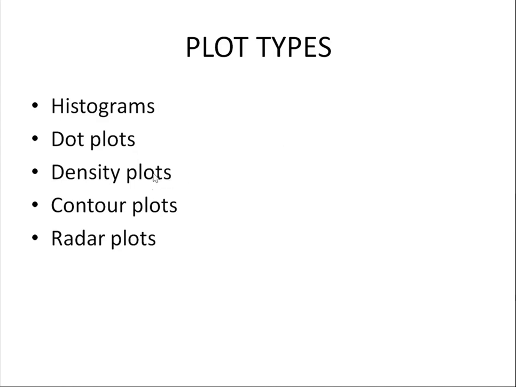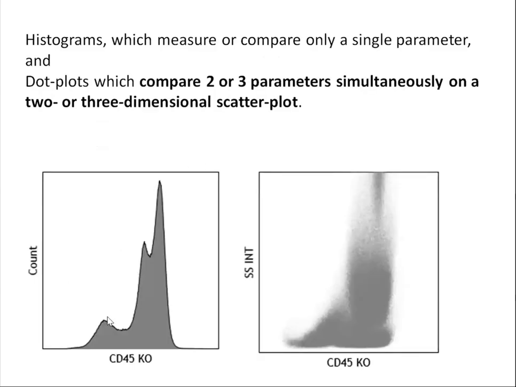I'll show you an example. Now this is the one. Here the x-axis is a parameter. I'm showing CD45 KO. And as I said, a histogram by default has count on its y-axis. So this is a way of expressing CD45 KO in a histogram.